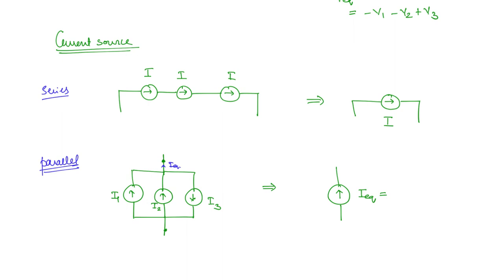So I equivalent is equal to I1 plus I2 minus I3. If you take the opposite direction, then I equivalent is equal to minus I1 minus I2 plus I3.